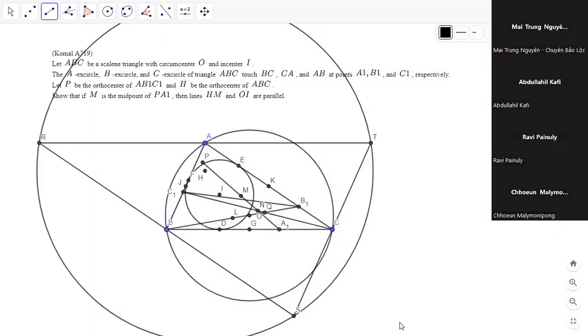So yeah, H, M, and Q. That's what we want to show are collinear.